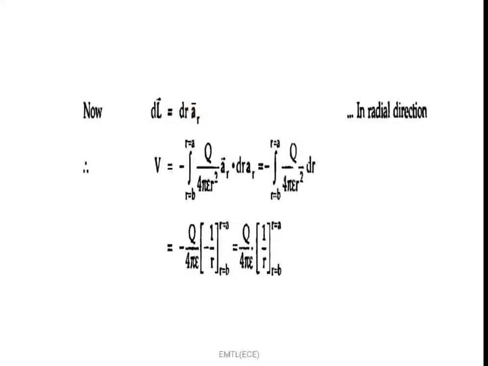Now substitute the value of dl here: Q by 4 pi epsilon r square a_r bar dot dr a_r bar.